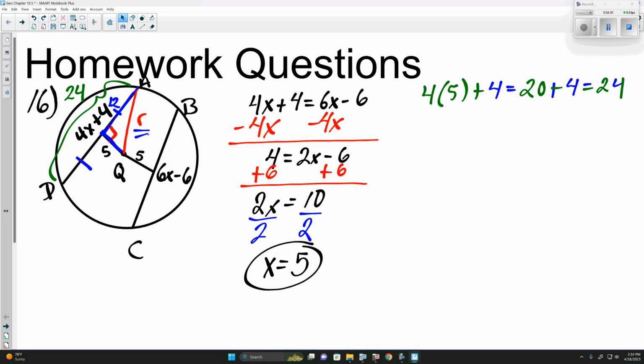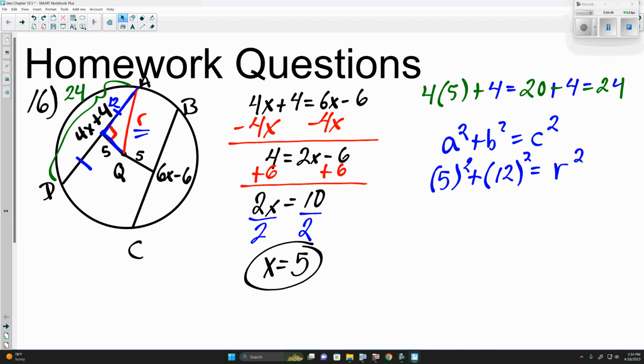Now, since it is a right triangle, we can go back to a squared plus b squared is equal to c squared, Pythagorean theorem. One of the side lengths of the triangle is 5. The other is 12. And our third length is going to be the radius squared. We could have left it as c squared. We can call it r squared. Either one works.